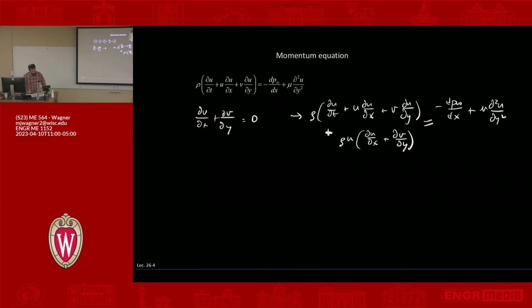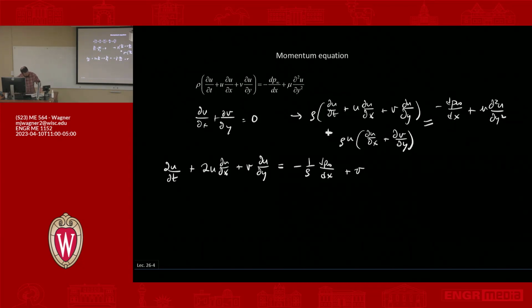OK, then the next step is to start putting stuff together. Again, we're just trying to get to a form that's a little bit more useful. So the algebra there is partial u partial t plus 2 u partial u partial x plus v partial u partial y equals minus 1 over rho dp infinity dx plus, sorry, let me make sure this is right.